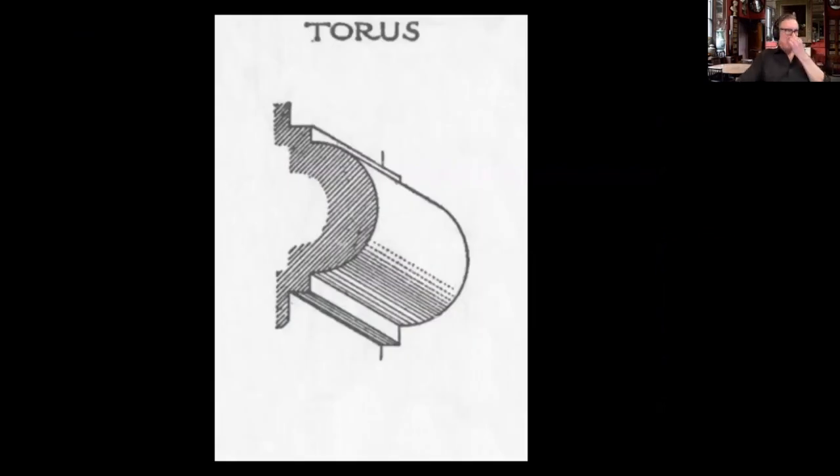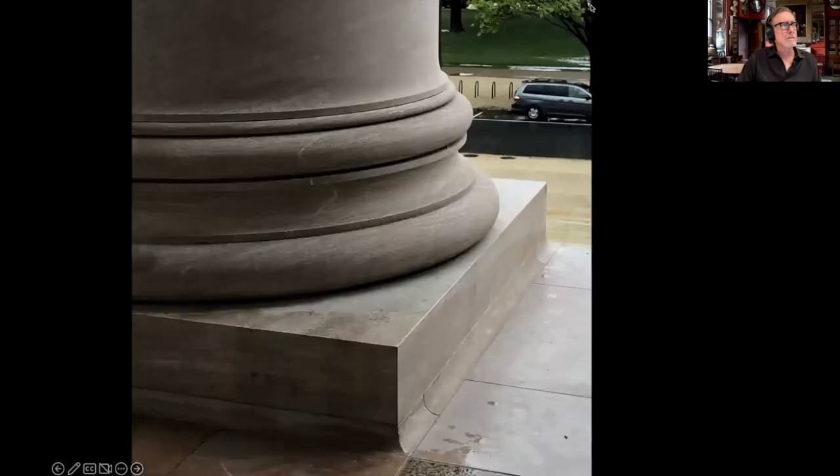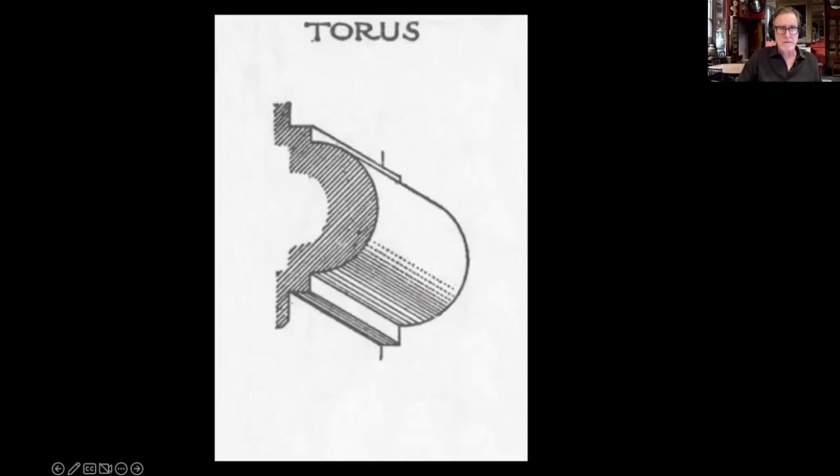Okay, let's move on. We've got lots of material to cover, so I'm going to keep moving at a fairly brisk pace. So try to keep up. Next is the torus. The torus, and you can see it here. Didn't want to leave that.